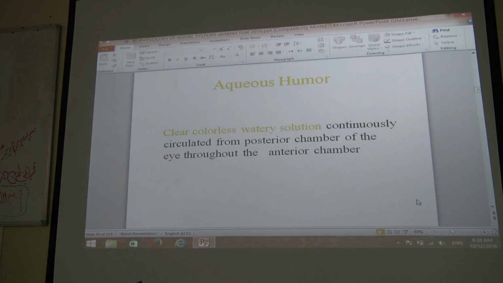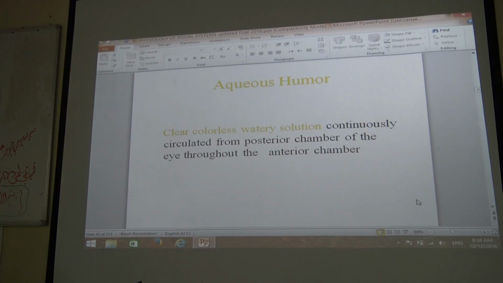Intraocular pressure increases either by increased production or decreased drainage. Aqueous humor formation is an active process for selective production or secretion of certain substances in the aqueous humor.